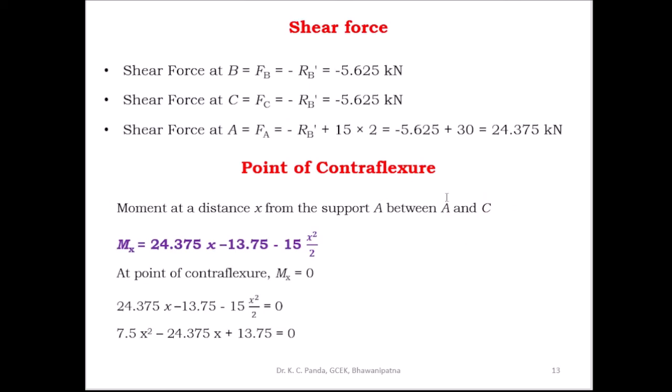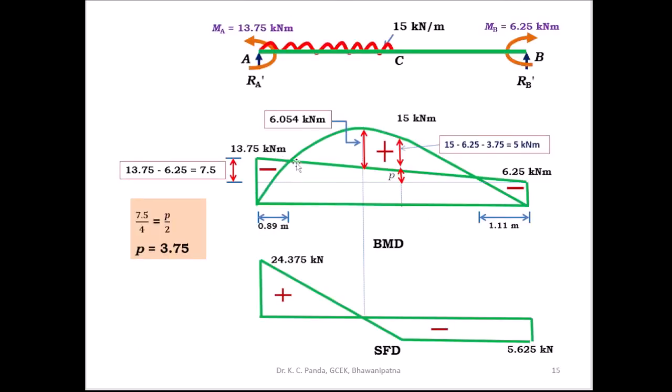So the point of contraflexure, you also have to find out the point of contraflexure. This is one point of contraflexure. So you have to take a section at a distance x from the support A, find out the bending moment here, and equate that bending moment to 0. Then you get the point of contraflexure distance, this one. Similarly, on this side also you have to take one section at a distance x from the support B. Then you have to find out the bending moment at this position and make this bending moment equal to 0.